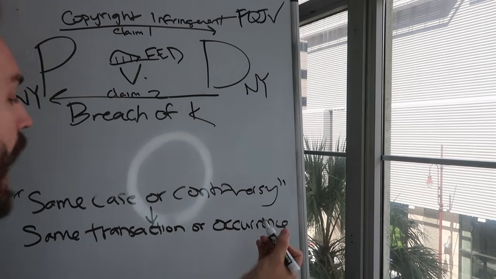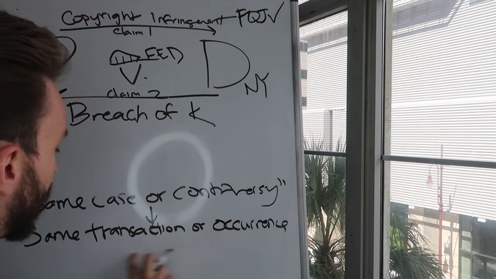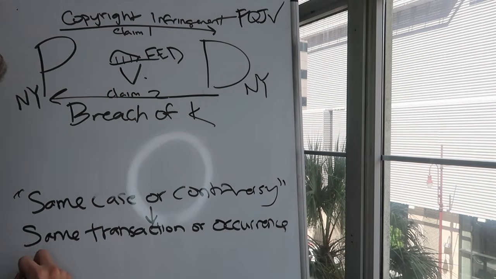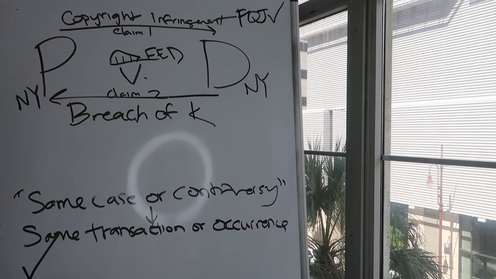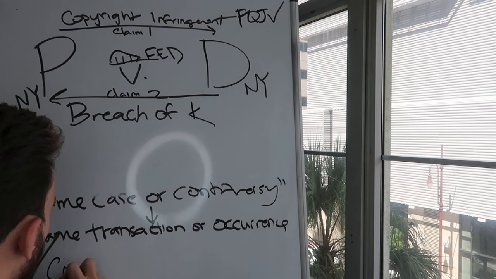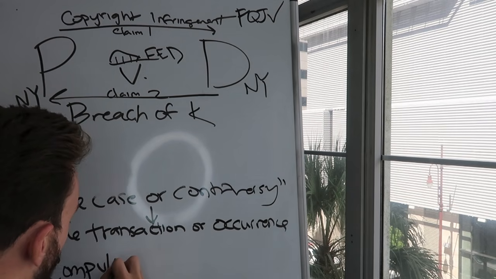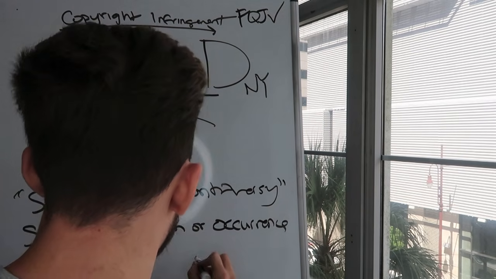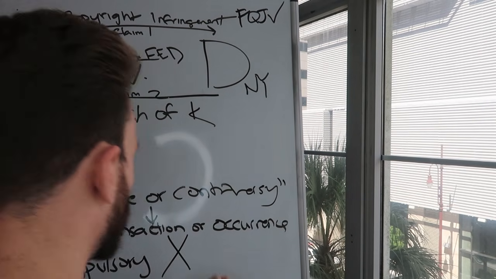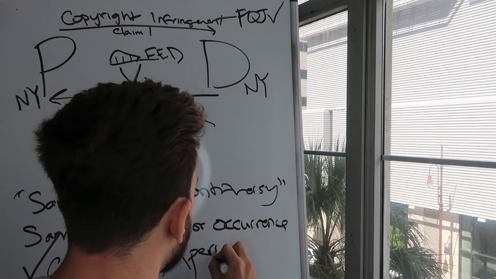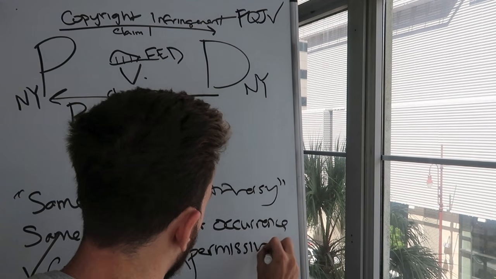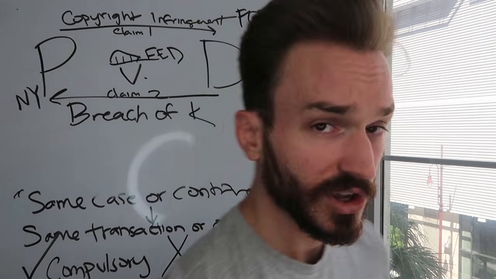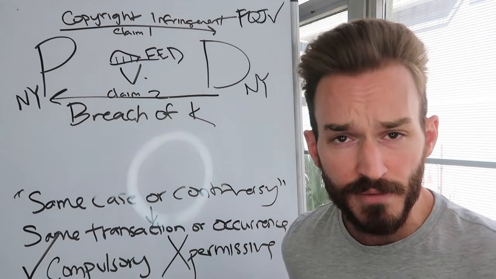So if a counterclaim arises under the same transaction or occurrence, we call it a compulsory counterclaim. If it does not arise out of the same transaction or occurrence, we call it a permissive counterclaim. Why is it called a permissive counterclaim?